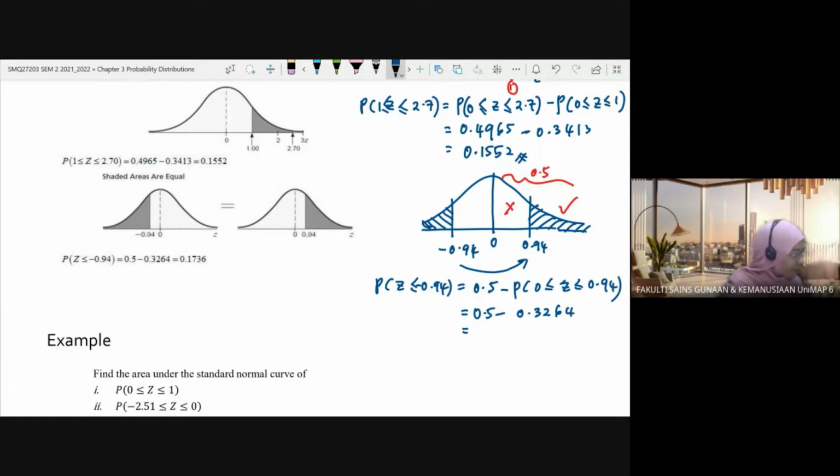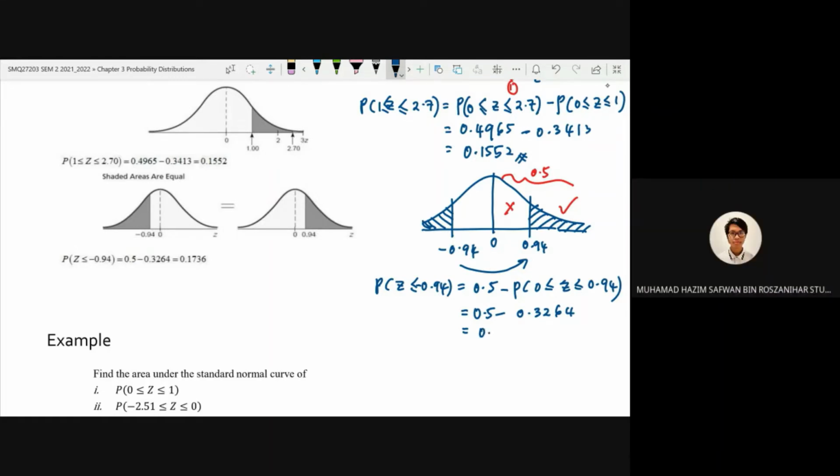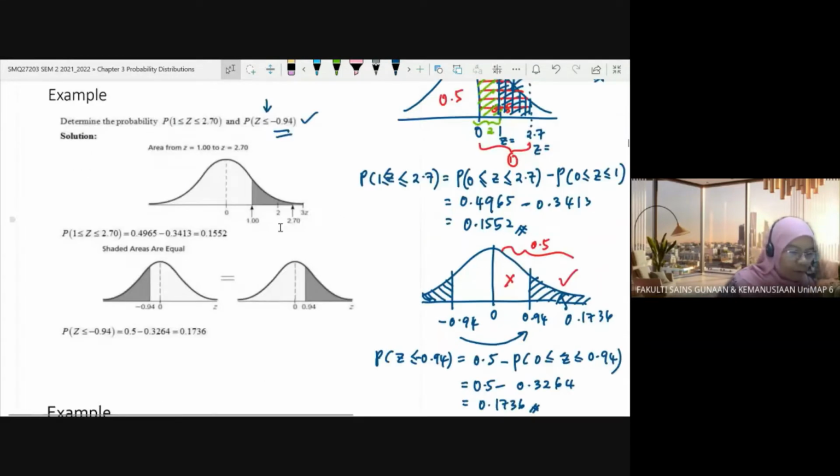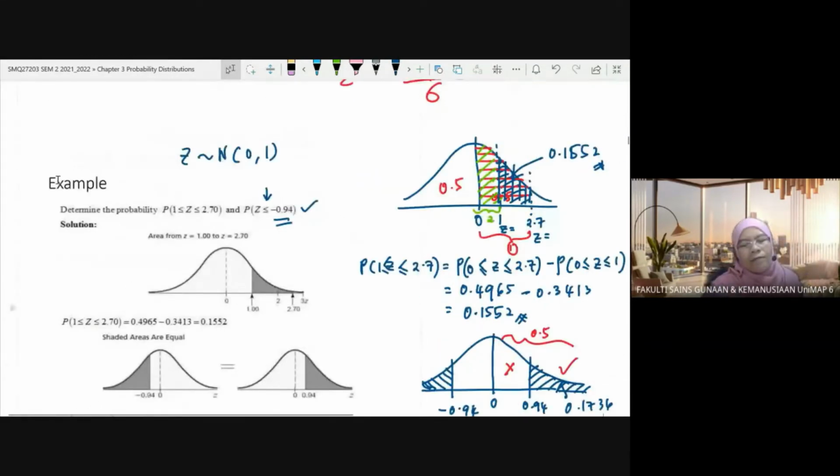What is the value, class? 0.1736. Okay, thank you. So the probability value we are looking for is 0.1736. That's how we solve it directly if you are given the standard normal value.